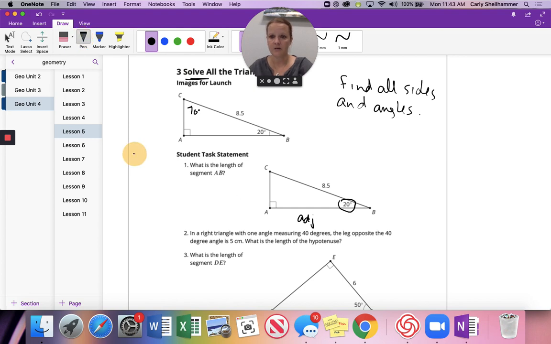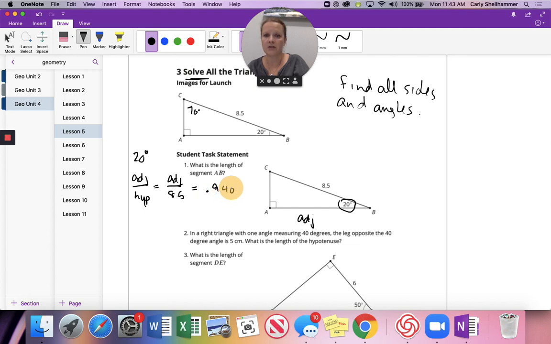All right, so for 20 degrees, we can say adjacent over hypotenuse equals adjacent over 8.5 equals the value. You can have yours open in your Google Doc that I shared with you. I've got the same thing here. So for 20 degrees, adjacent over hypotenuse is 0.940.